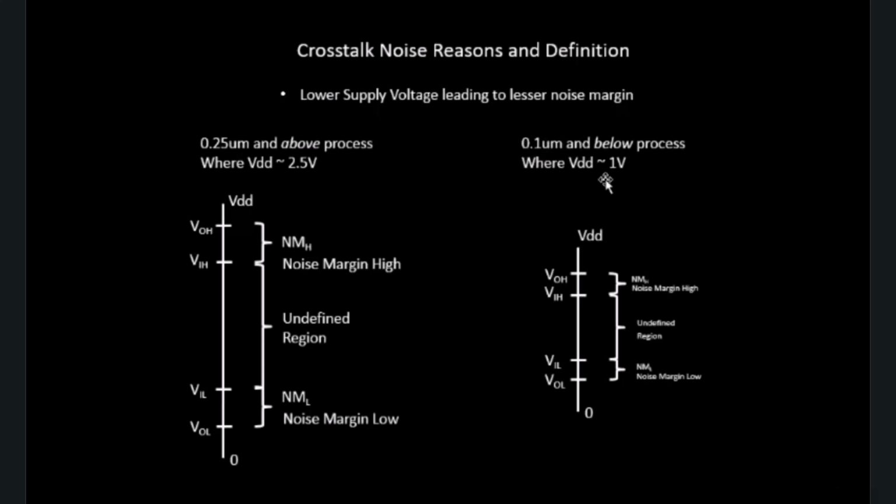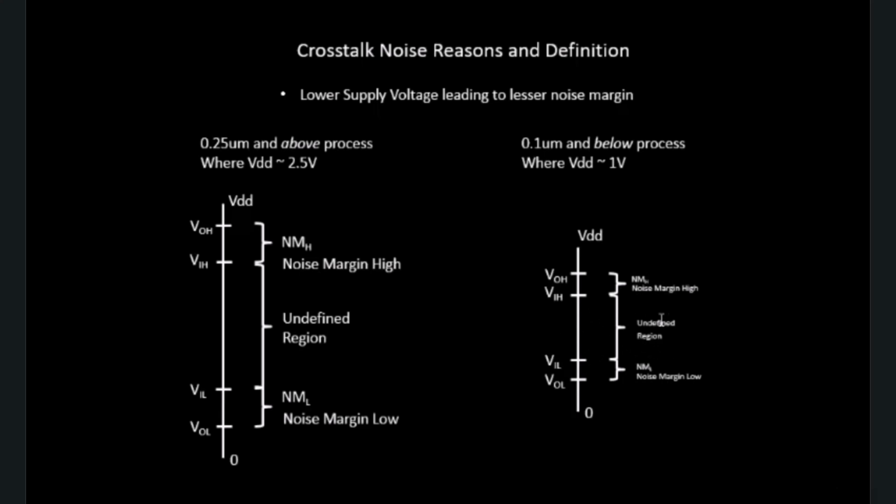We have to reduce the supply voltage because of power reasons, as I mentioned already, and because of that, the noise margin over here and over here gets reduced. So for example, you have 100 millivolts at the bottom. Basically anything that lies between 0 and 100 millivolts will be detected as logic 0, but anything that crosses 100 millivolts will go into the undefined region.